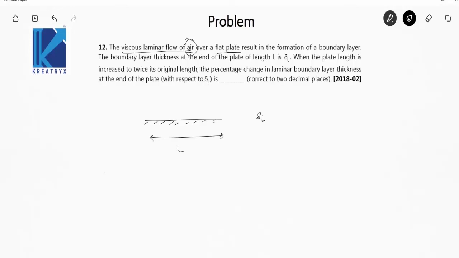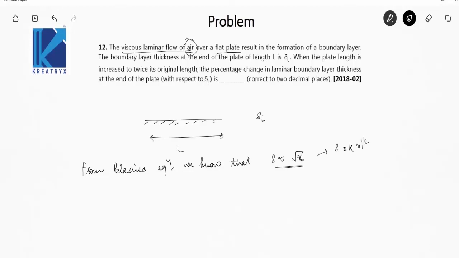I have solved this type of question before; I guess in the previous video the first question was from this relation, from Blasius's equation. We know that the boundary layer thickness is directly proportional to root of x. Let this proportionality sign be replaced by a constant k.